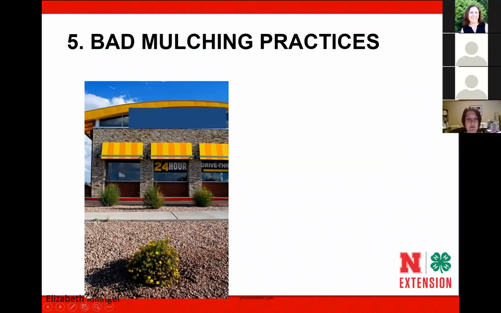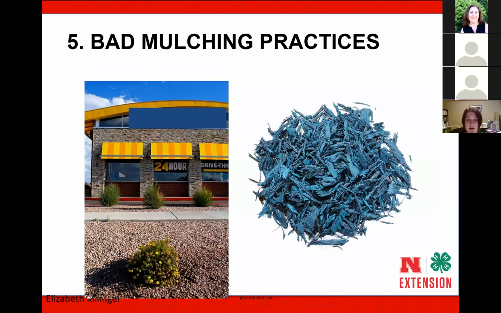And then my favorite mulching practice is the rubber mulch. Rubber mulch is made out of tire shreds. It comes in blue because blue is a natural color in the environment, in the landscape, that you can get. I've seen it dyed green as well.